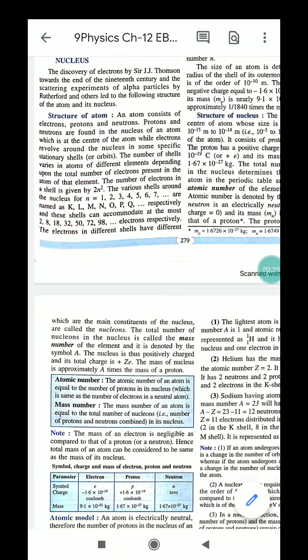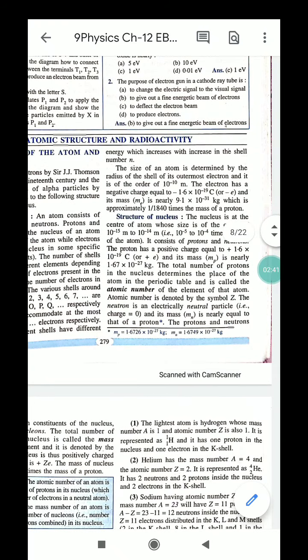The shells accommodate at most 2, 8, 18, 32, 50, 72, 98 electrons respectively. The electrons in different shells have different energy, which increases with increase in the shell number.